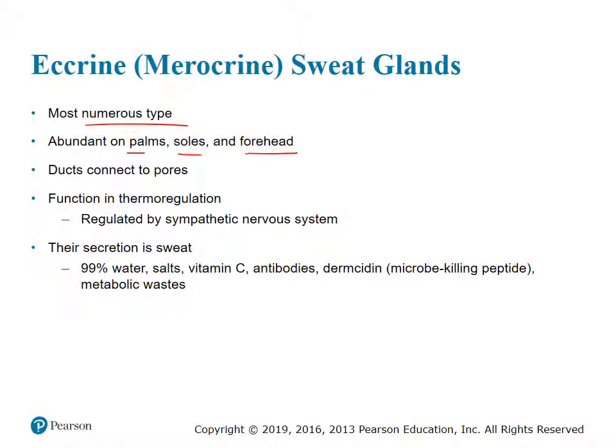Those ducts connect to pores, and those pores connect to the outside of the surface of the skin. Their main function is thermal regulation, and what we mean by that is to control body temperature. They are regulated by the sympathetic nervous system.